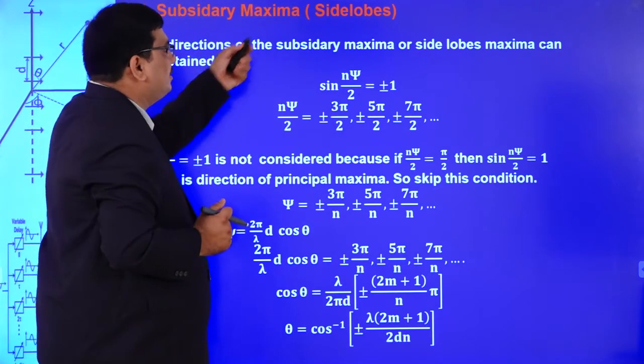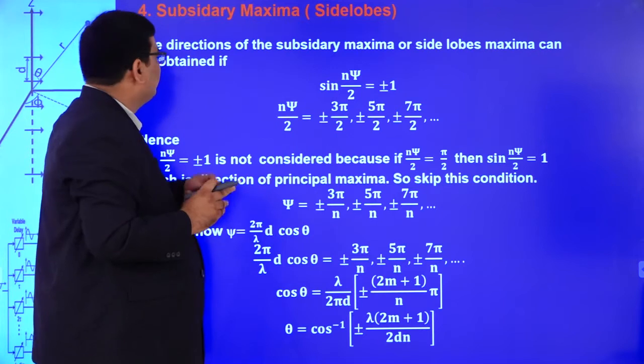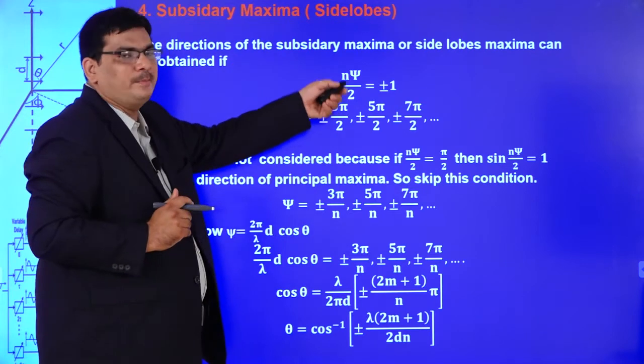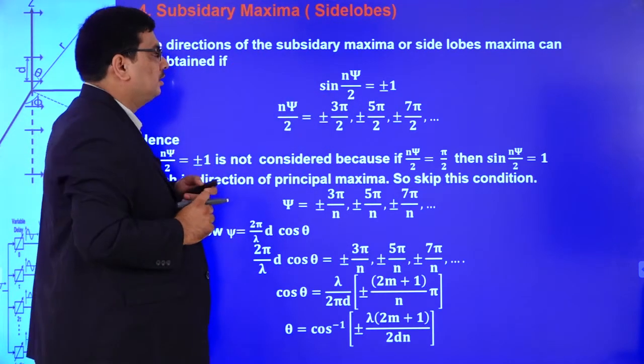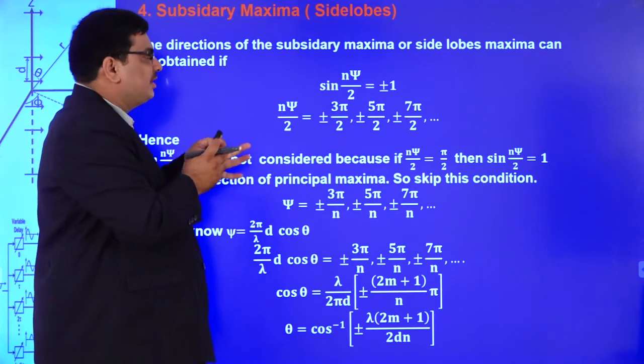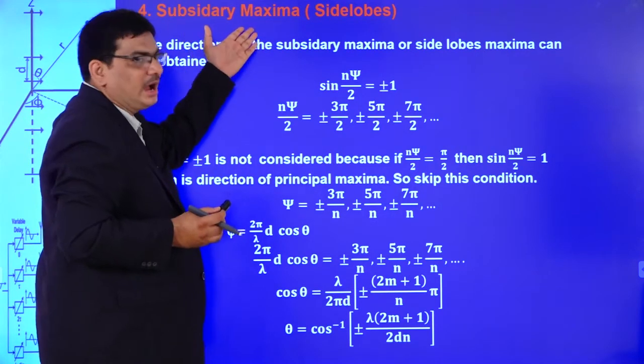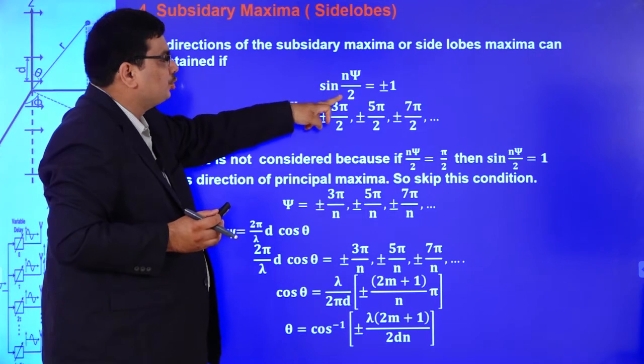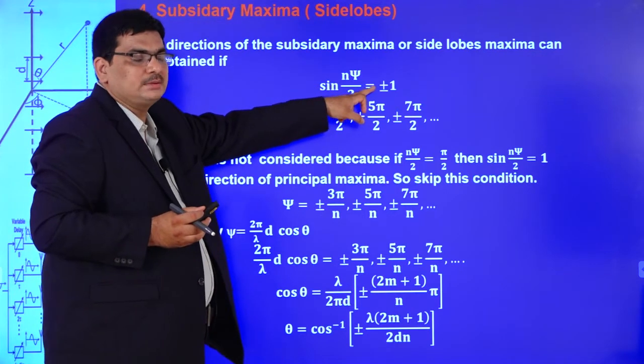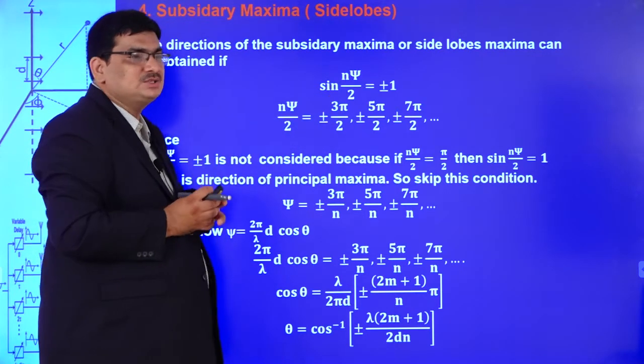direction of side lobe levels, what we have to do is set sin(nψ/2) equal to plus or minus 1. That is also a maxima condition, that's why sin(nψ/2) equals plus or minus 1.